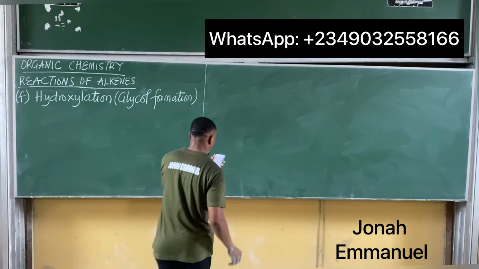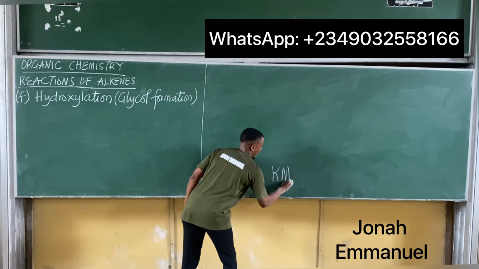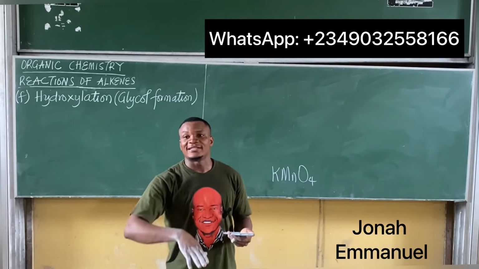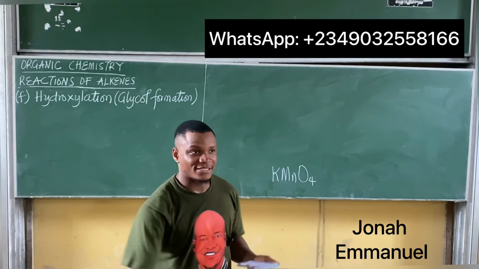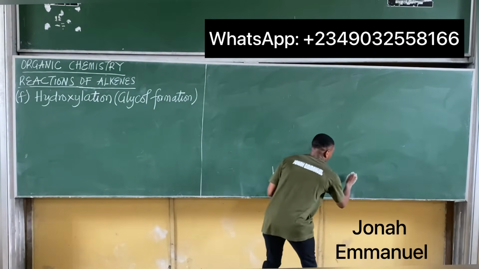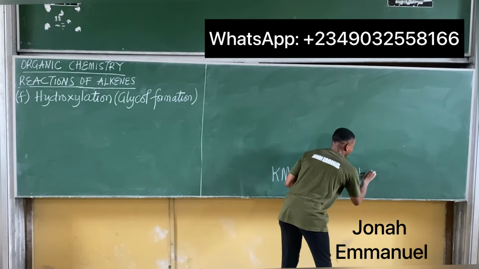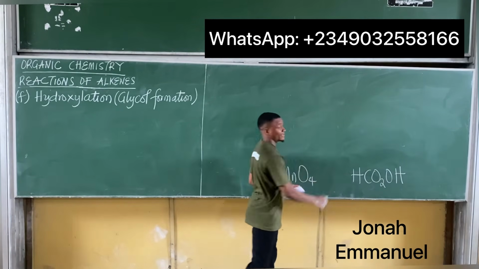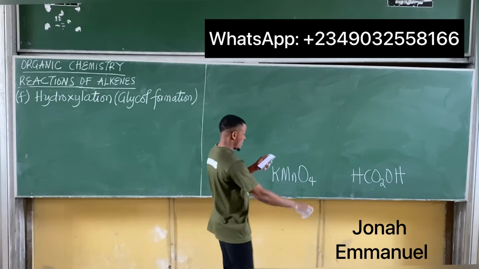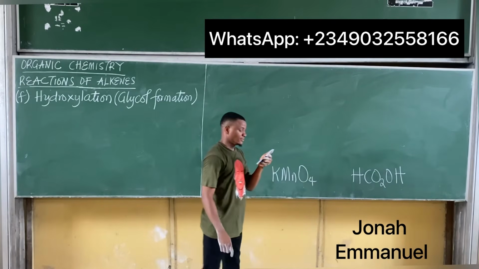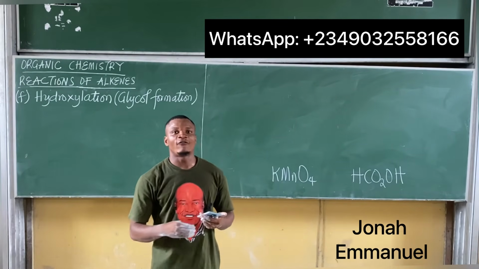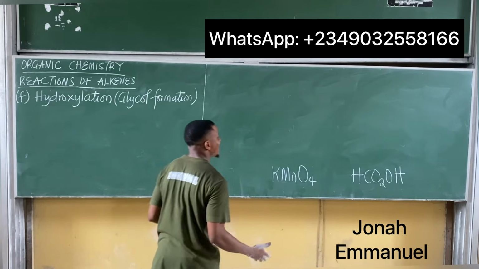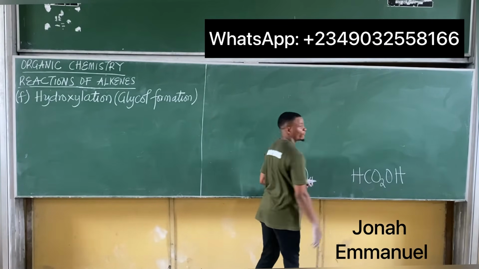By the way, permanganate is what there? KMnO4, under the influence of performic acid. This is called performic acid. Under the influence of performic acid, to form a diol.